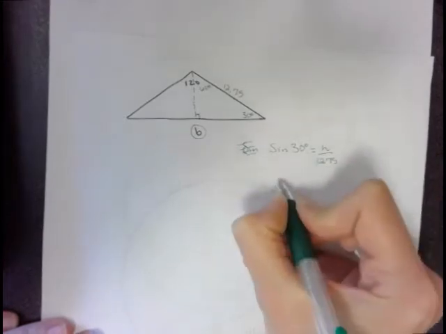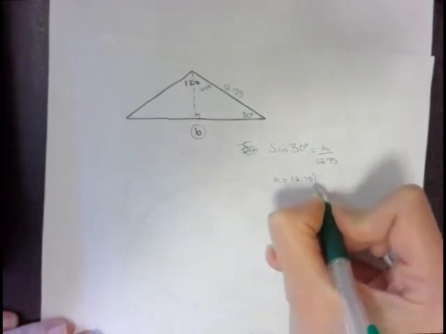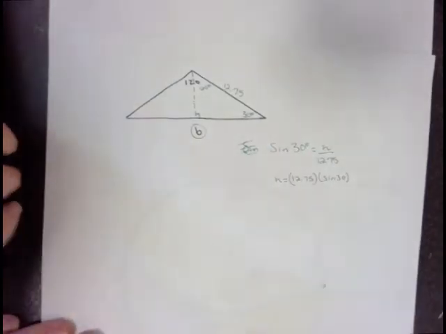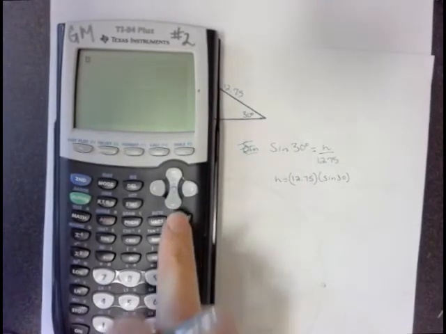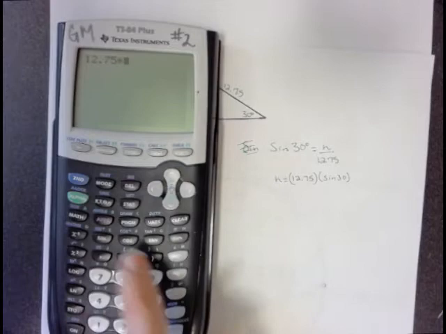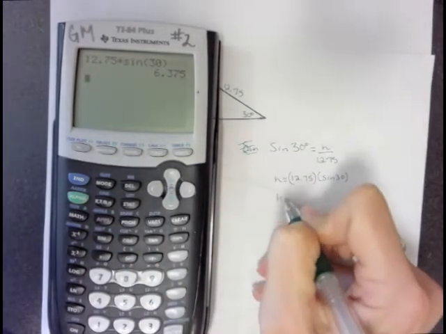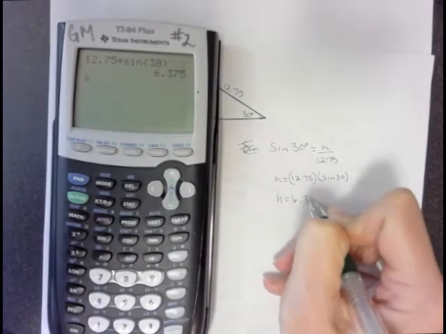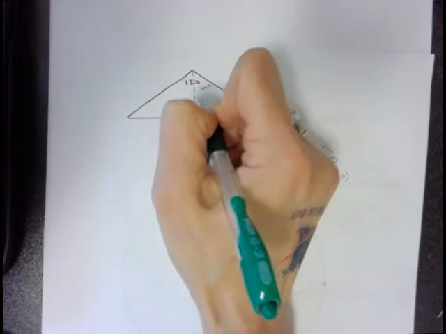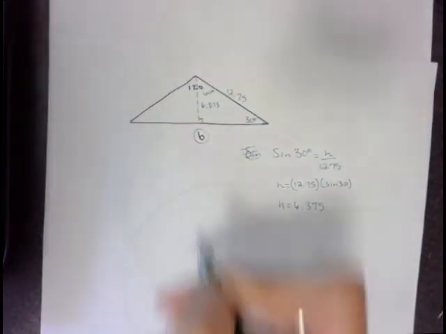So the height is going to equal 12.75 times sine 30, and I put that into my calculator. 12.75 times sine 30, and that gives me a perfect number that I can use, and I don't even have to round. So that's this guy, 6.375.